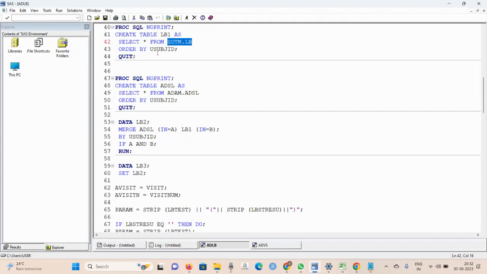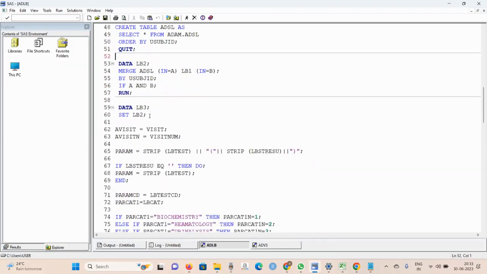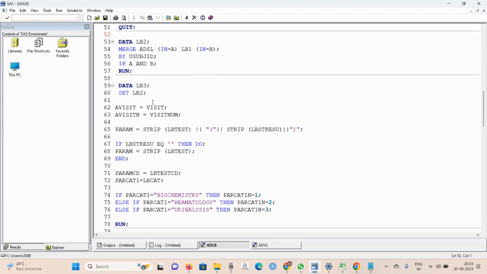We can use a data step also, it's up to you, whichever is feasible for you. Because if you use a data step, you have to write two steps: first you write the data step, then you do a proc sort. Here it does the order by unique subject ID automatically in one step. It's up to you. No one will ask why you used proc sql or why you used a data step. As long as it works, it works.